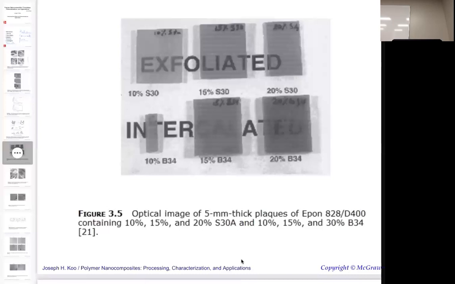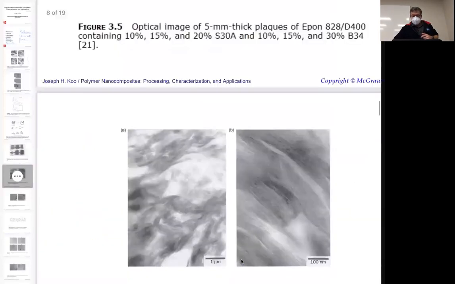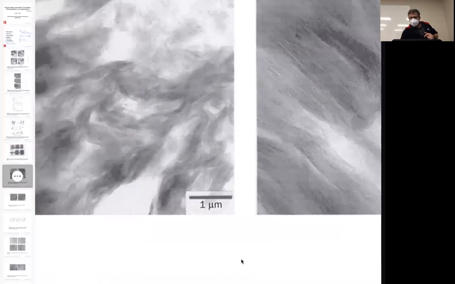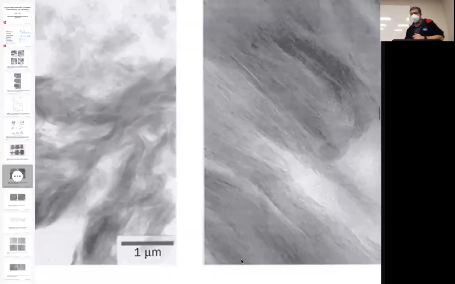The difference between fully exfoliating and intercalated, that shows the blowing up of that same structure. Notice the plate to plate order here. So this is more intercalated. There's still the plate to plate order, but they're spaced further apart.